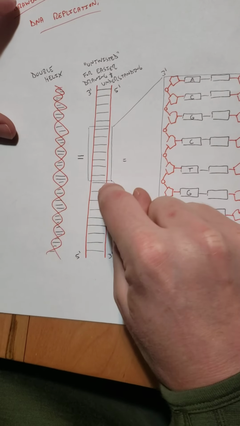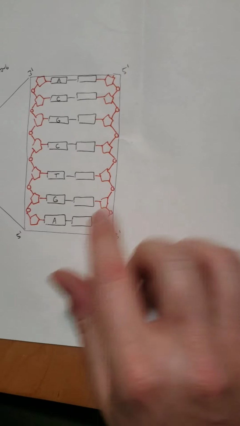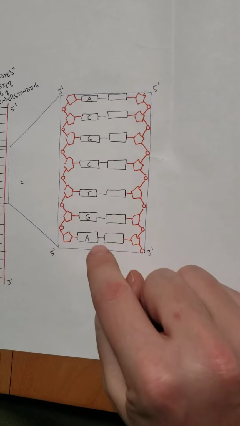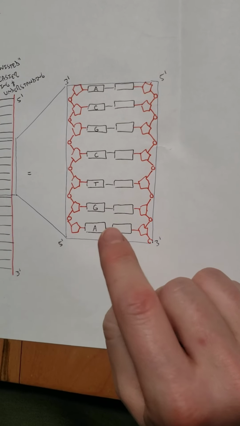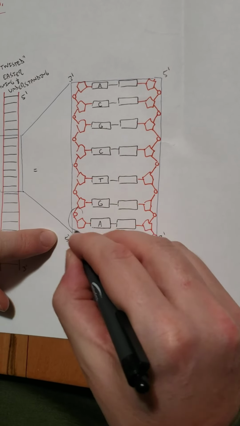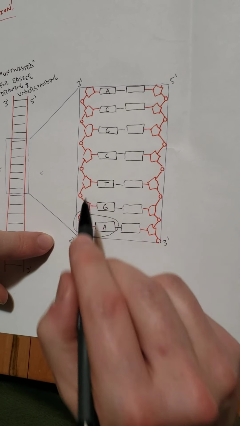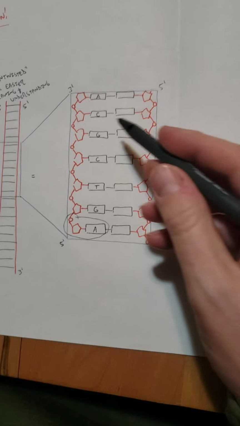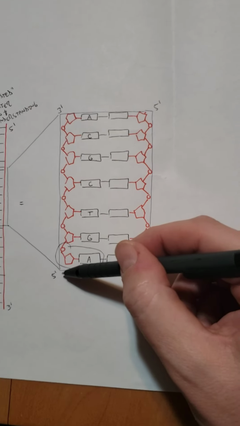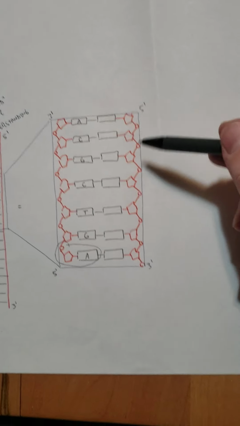So again, with the classic zoom in box, I zoomed in so that you can see with a little more detail. And maybe now you can see there's a nucleotide, and then a nucleotide, and then a nucleotide. I have this side that's my 3 prime to 5 prime chunk, and this side that's my 5 prime to 3 prime chunk.